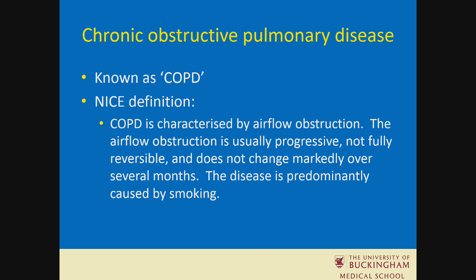The main problem is it gets worse with time, it progresses, and with each passing year the lung function tends to decline, essentially because of the inflammation in the lung and breakdown of the lung tissue and the airway becoming floppier and floppier. So when they're exhaling, the airways narrow down and shut earlier and earlier in expiration.